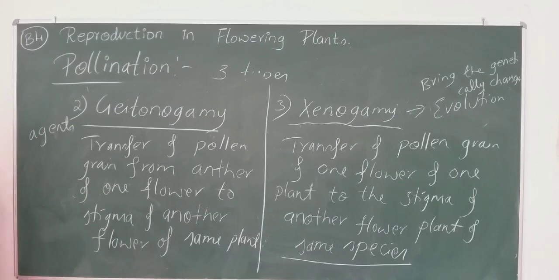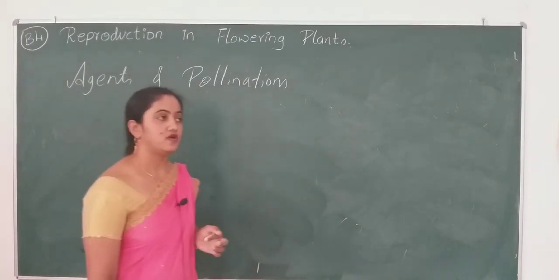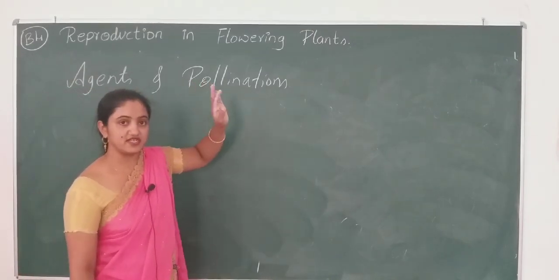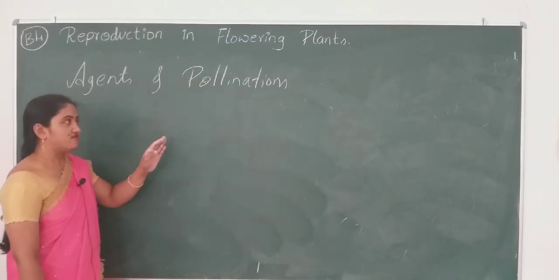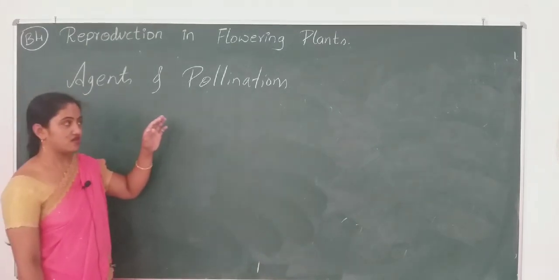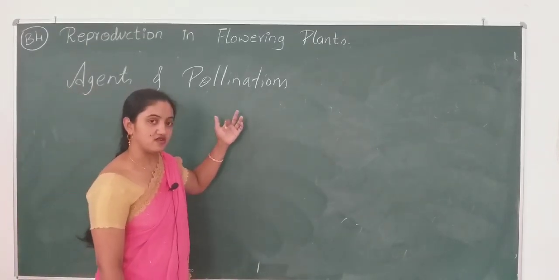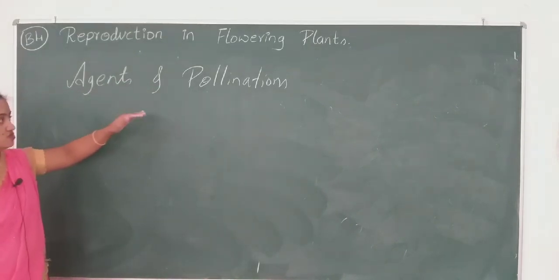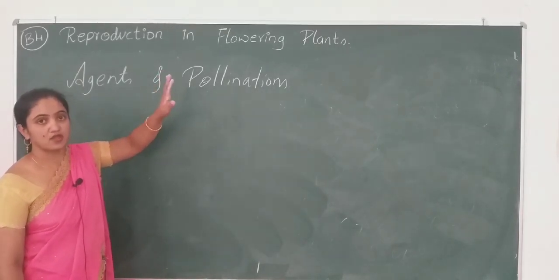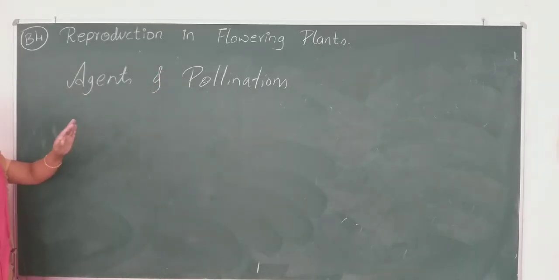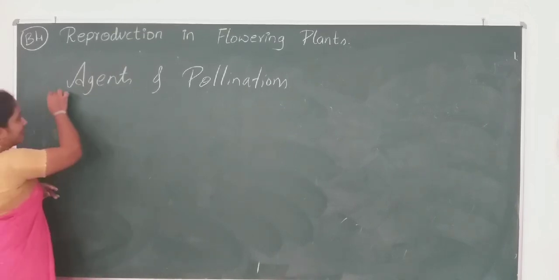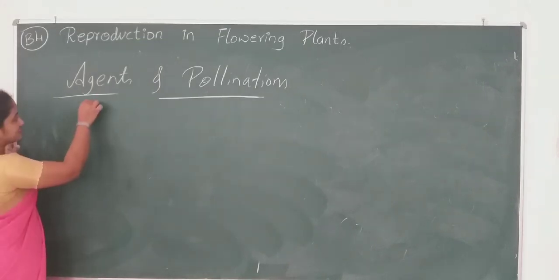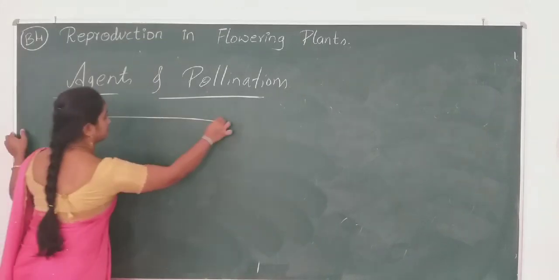So in the last concept we studied what pollination is, how the pollen grain transfers from one flower to another flower, or from the anther to the same flower's stigma. As I told you, it needs one media. We are going to call that the agents of pollination. Here the agents are of two types.